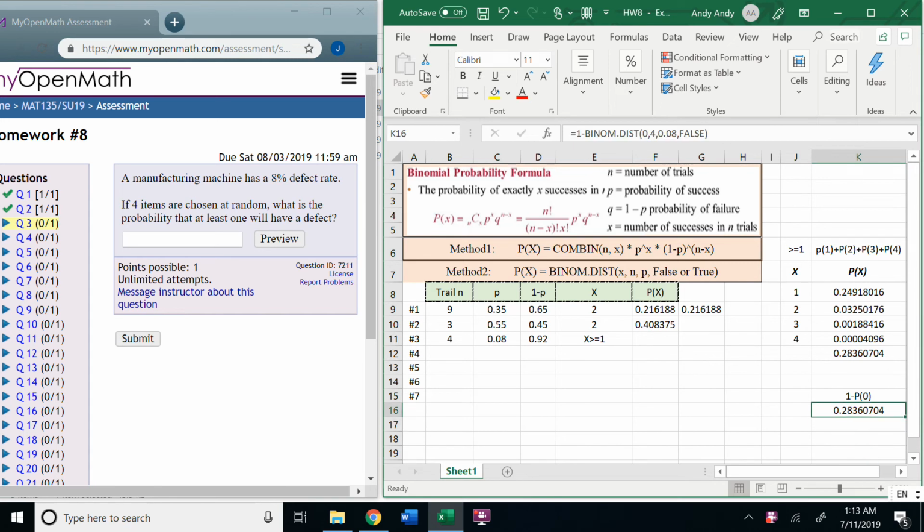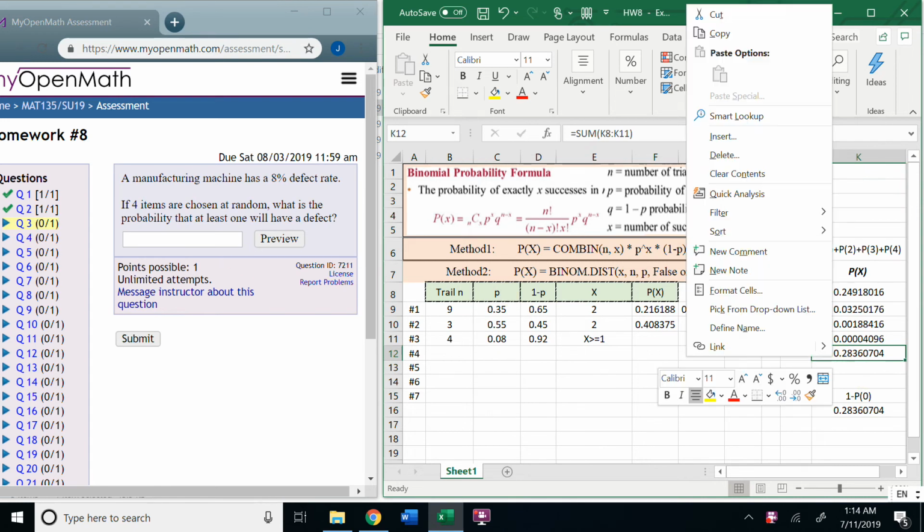So we get this answer, and this answer is exactly the same. That's our answer. And copy.